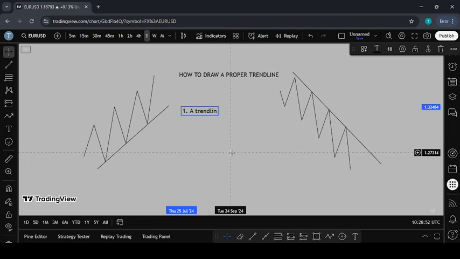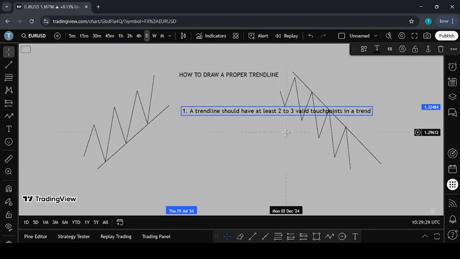For the trend line to be valid, you must have these two to three touch points before you consider using that particular trend line as a trend line itself.